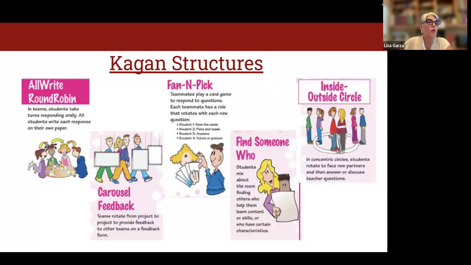We have all right, round robin, carousel feedback, fan and pick, find someone who, outside inside circle. Go ahead and take about a minute or two to read through these. And we will dig deeper into a few of these.